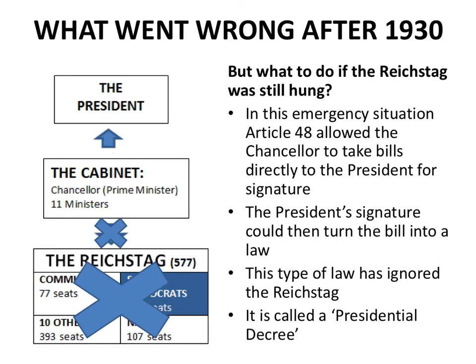It's what we call a hung parliament. A bill signed by the President is called a decree. There's the word at the bottom. It has the force of law, but it is effectively not passed democratically. It is government as a dictatorship, really.